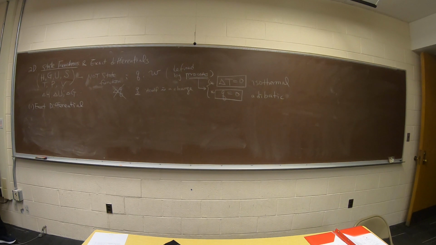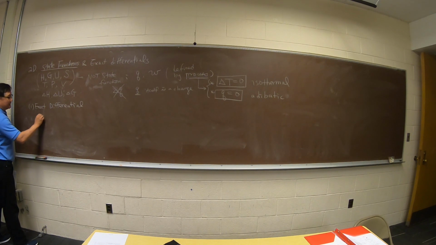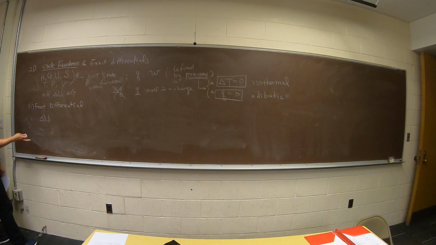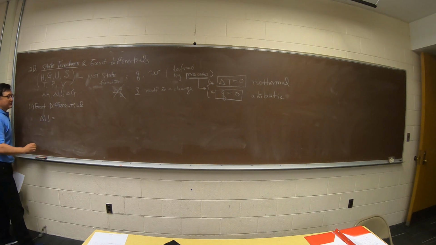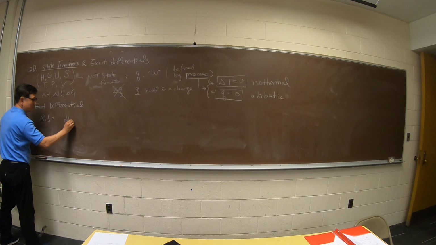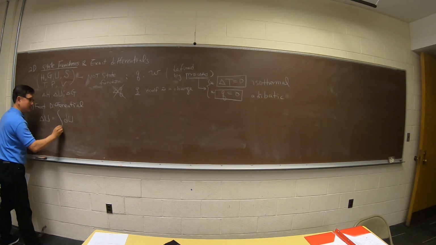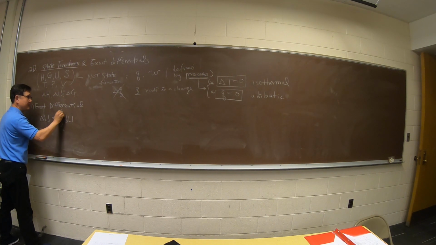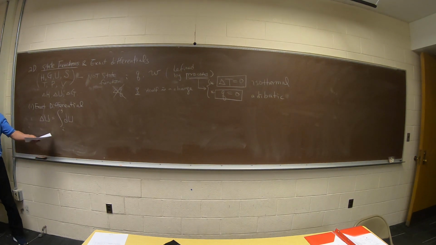At least for today's class, I want to make a big deal about this. When we say change in the internal energy, because that's the main portion of chapter 2, it is a change in U from initial state to final state. This is kind of a philosophical argument.